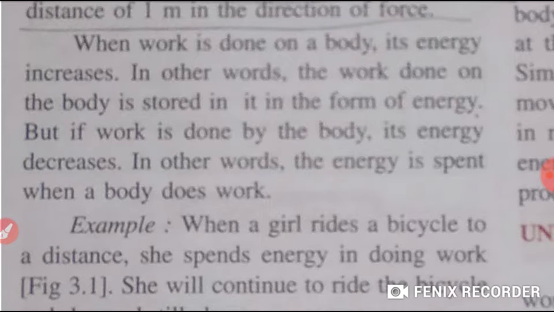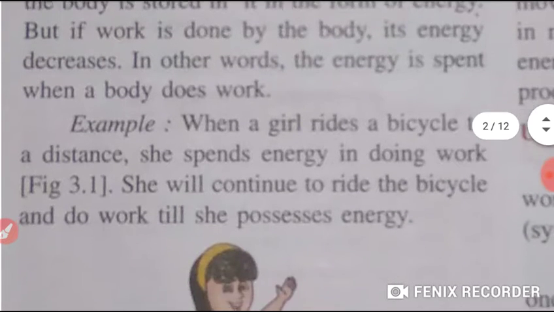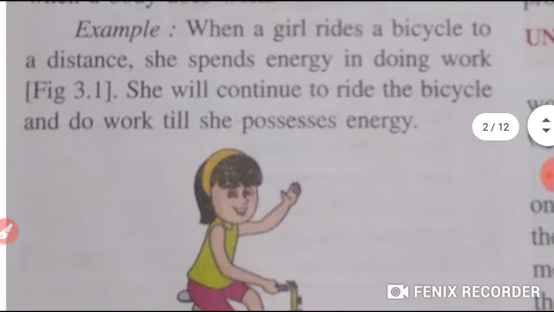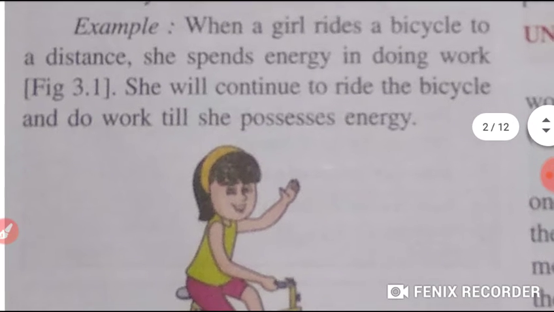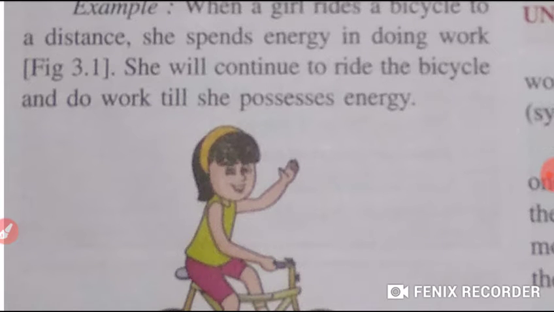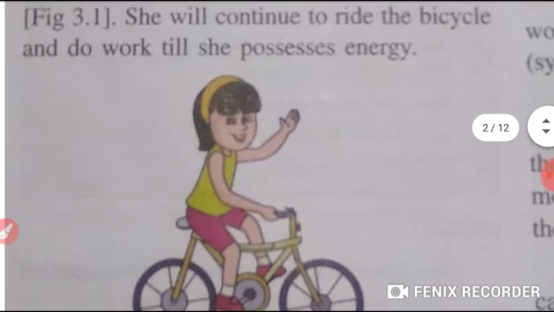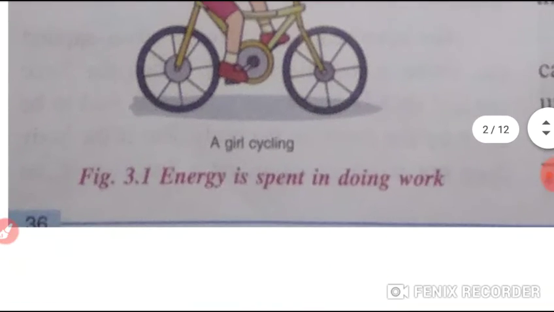But if the work is done by the body, its energy decreases. Understood? That means energy is spent when a body does work. For example, when a girl rides a bicycle to a distance, she spends energy in doing work. She will continue to ride the bicycle and do work till she possesses energy.